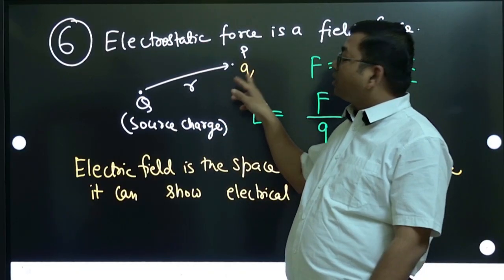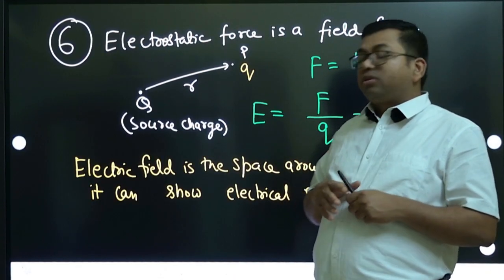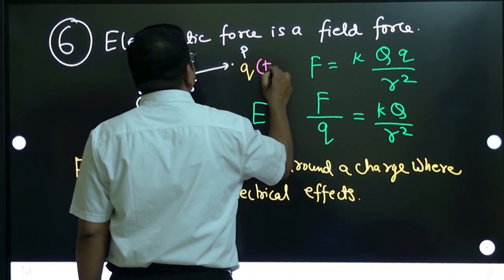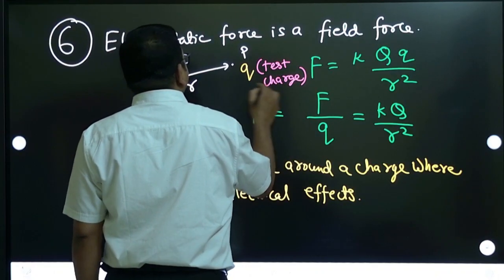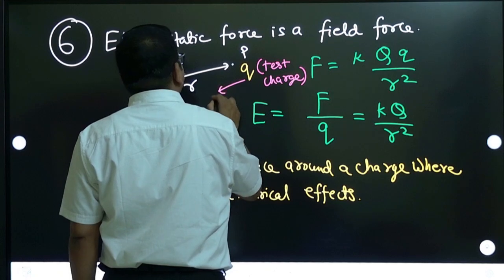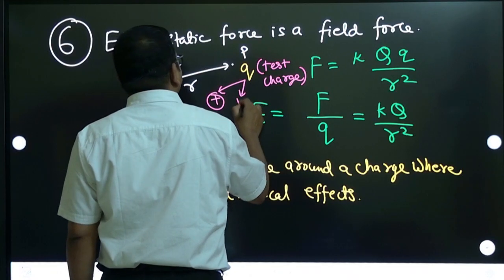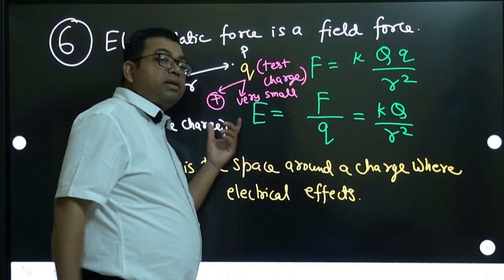So we have to keep this charge very, very small. That's why it is called the test charge. The test charge conditions are that it must be positive by convention, and it must be very small.